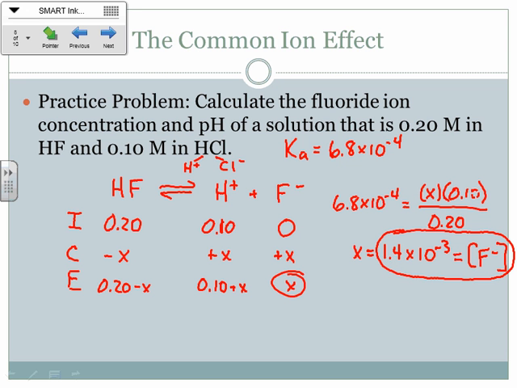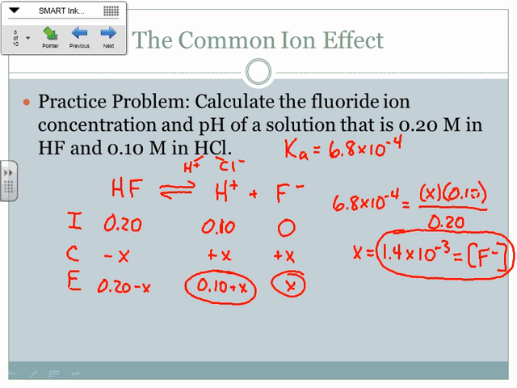Now the second part is the pH of the solution, okay. Now, I want you to notice something here. When we add 0.1 plus 1.4 times 10 to the negative third, you get 0.101. To our number of sig figs, that's still just 0.1, okay? So again, that's the reason we made this assumption here that 0.1 plus x is basically 0.1.